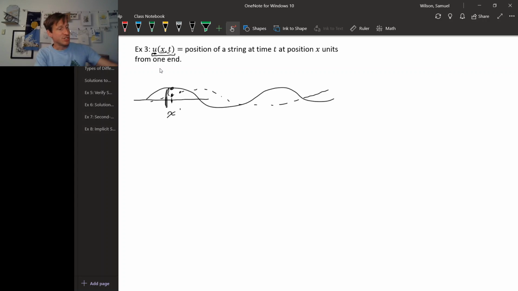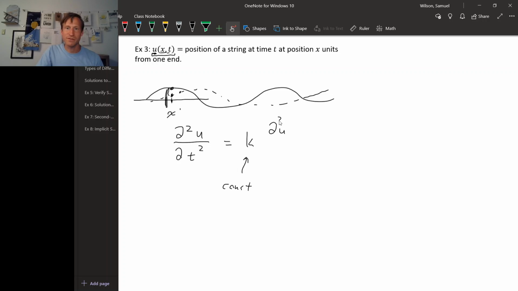If you do some physics or ask a physicist to tell you what the appropriate equation to describe the motion of a string like this is, what they'll tell you is the second derivative of u with respect to t is equal to some constant, so again k here is a constant, times the second derivative of u with respect to x.